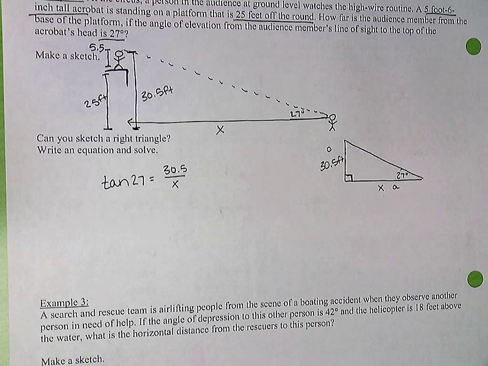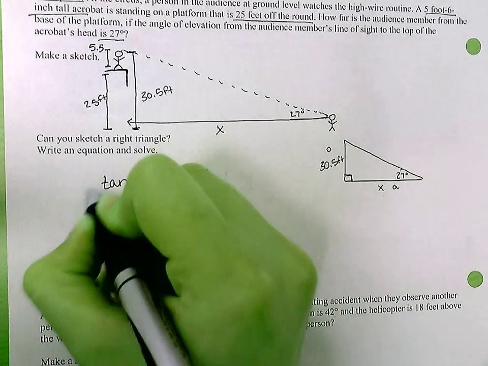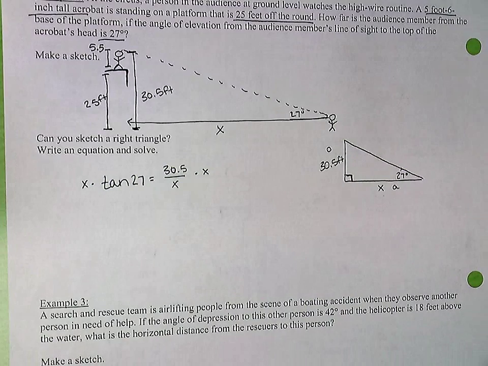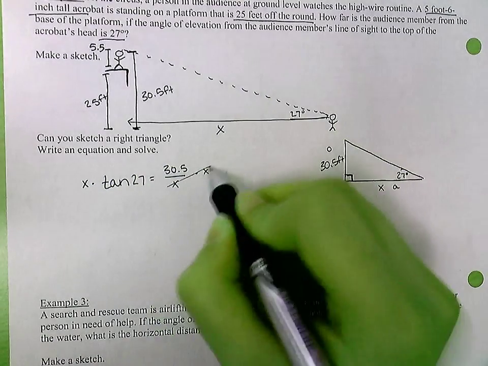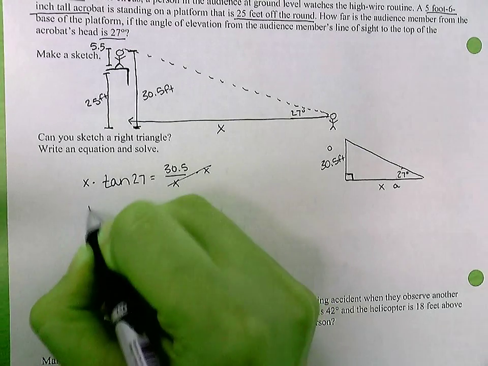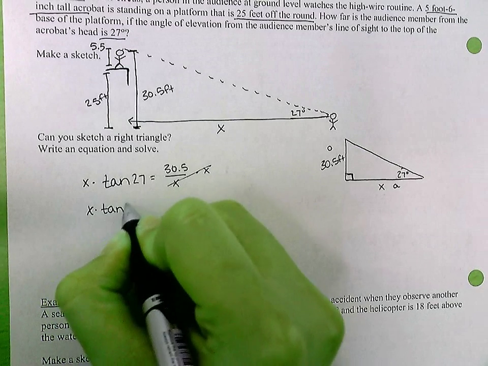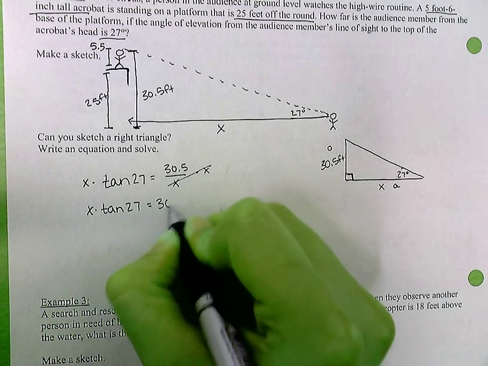What's my next step? How do I solve for x? Multiply by x. Good. So I'm going to multiply both sides by x, so they cancel on that right side. So we have x times the tangent of 27 is equal to 30.5.